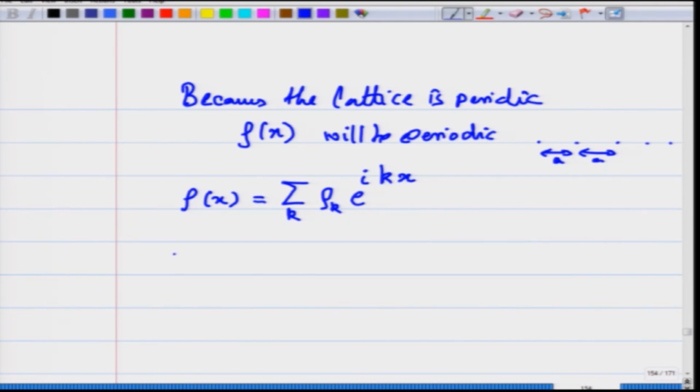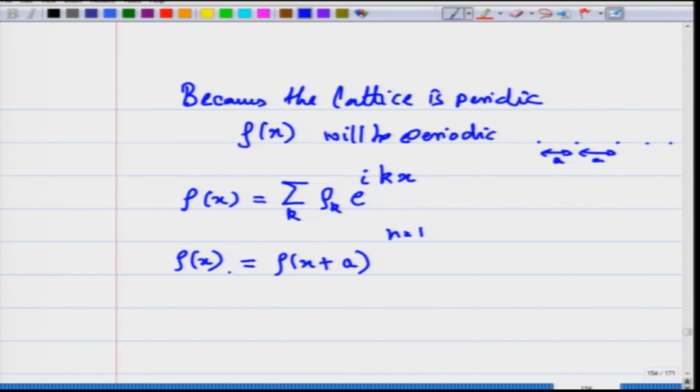Now, if I want my lattice to be translationally invariant, rho of x should be equal to rho of x plus a, where n is equal to 1. So, even if I move by one lattice point, rho of x should be equal to rho of x plus a.